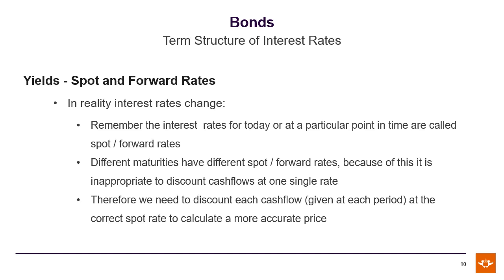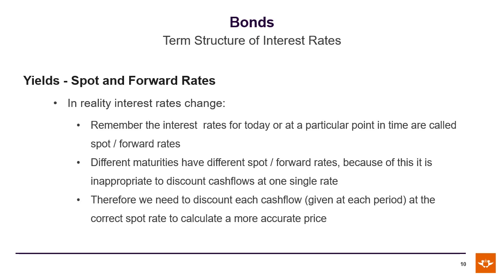And different maturities or different loans of different maturities have different interest rates. So it's inappropriate to discount all the cash flows we have at one single rate. And going forward, it becomes more appropriate to discount each cash flow given at a particular period at the correct spot rate. And this is done in order to calculate a more accurate price.